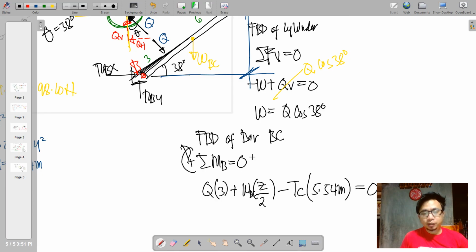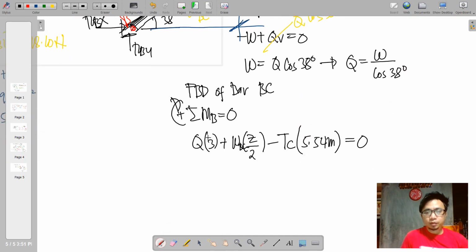So we can directly substitute Q in terms of W so that we yield the answer directly. Simplifying, Q is equal to W over cosine 38 degrees.